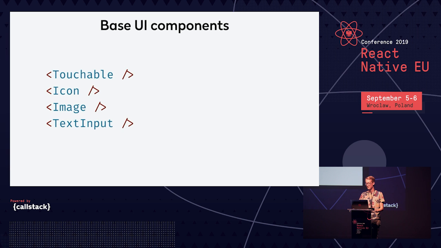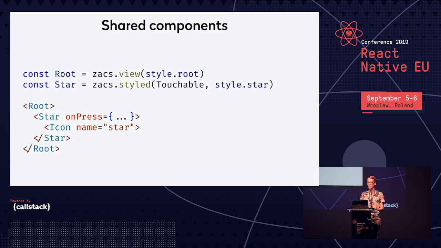But then, once you have those base UI components and some sort of styled components library like Zacs, building actual application components with shared code is almost trivial. Because now we have just enough infrastructure that you don't have to ever refer to React Native APIs directly, and you don't refer to DOM-specific things directly either.